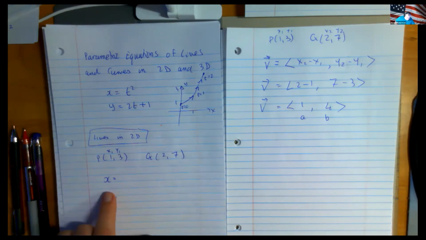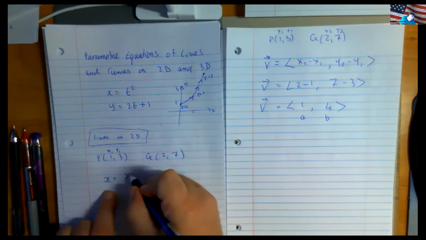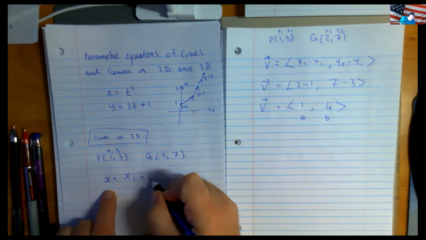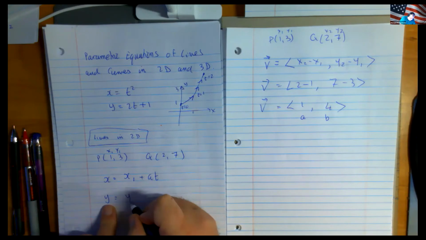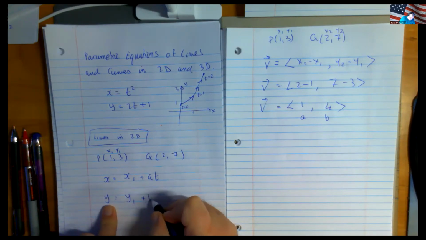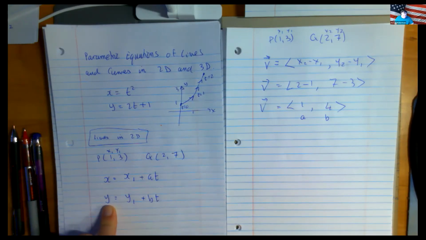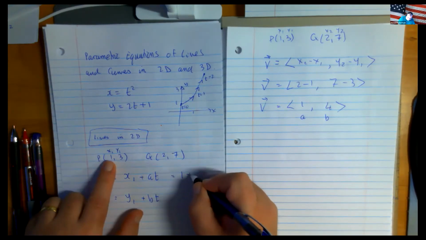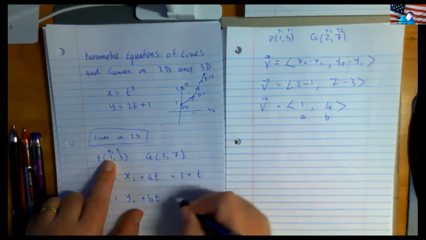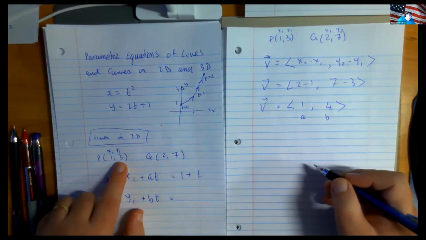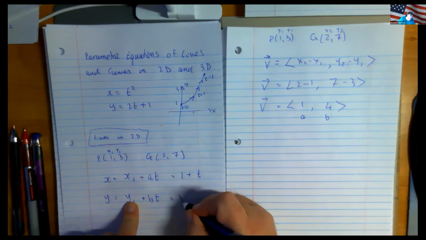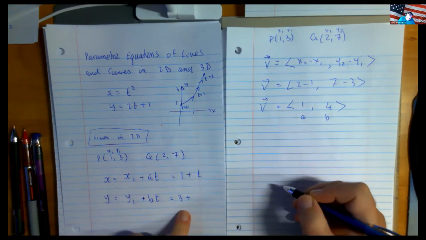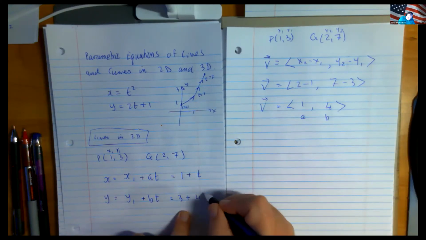The parametric equation is x1 plus at, and y1 plus bt. So in this question, it's 1 plus 1t, and it's 3 plus 4t.